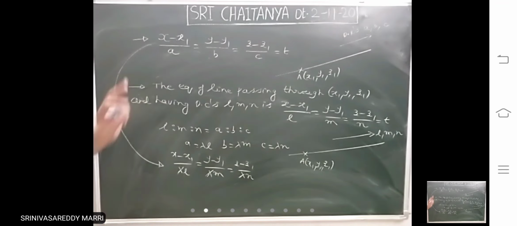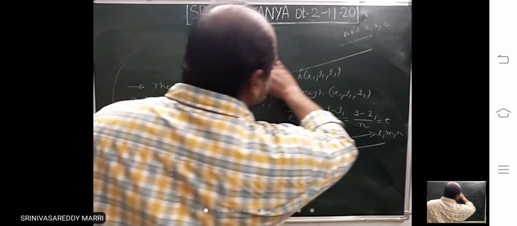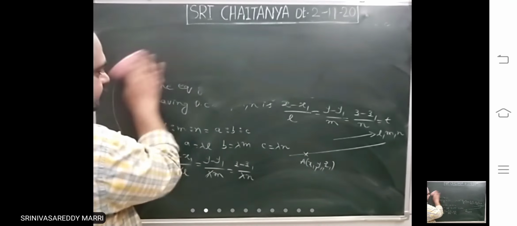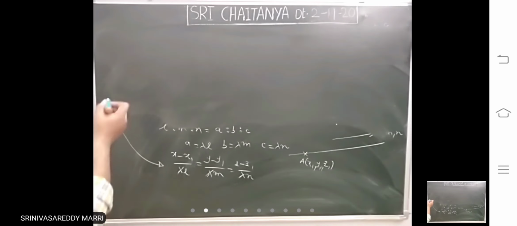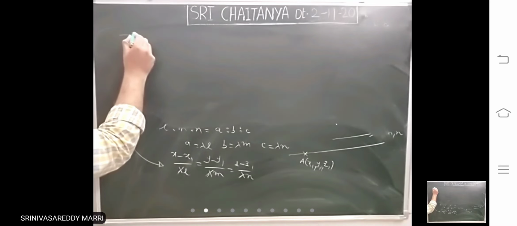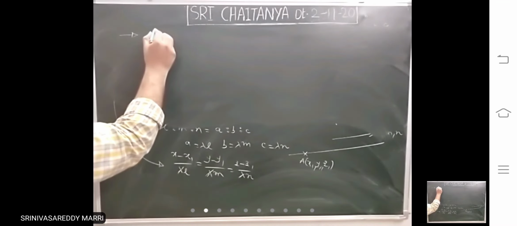Look at this. These are the two forms. Suppose two lines are there like this.